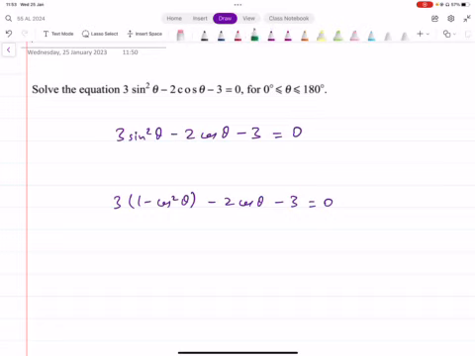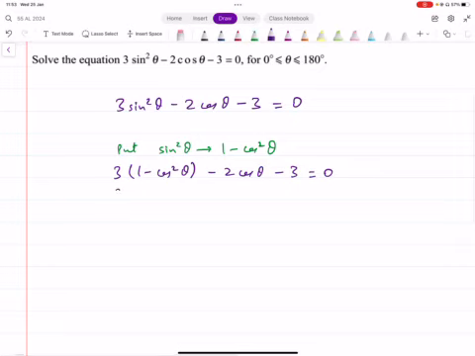What we've done here is we've put sine square theta equal to 1 minus cos square theta. In place of sine square, we have put 1 minus cos square. And now we have only one function. Now we have only cos. We've gotten rid of the sine there.